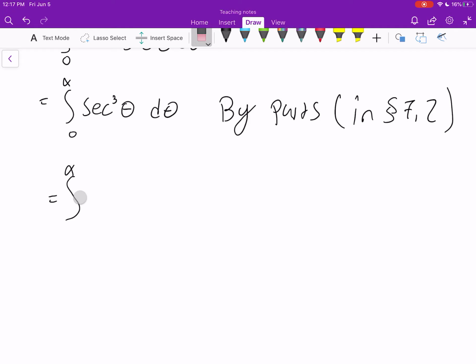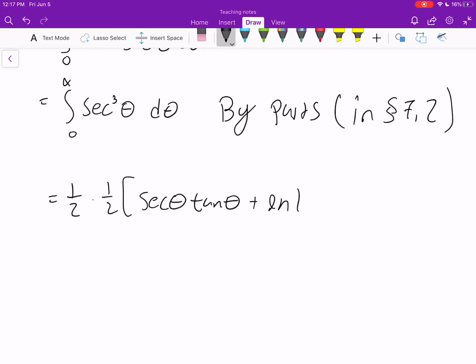So when you do the integration, what you get is 1/2 times 1/2 secant theta tan theta plus the natural log of the absolute value of secant theta plus tangent theta.